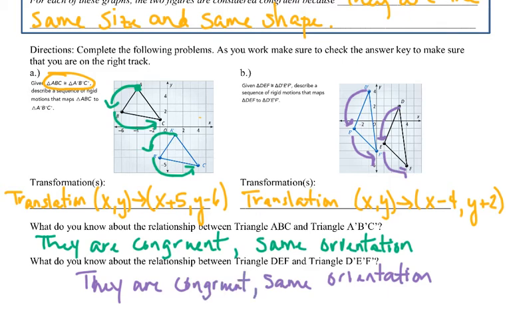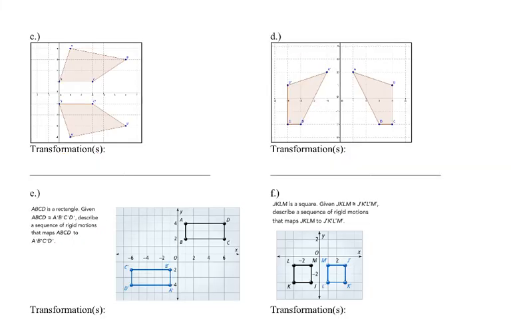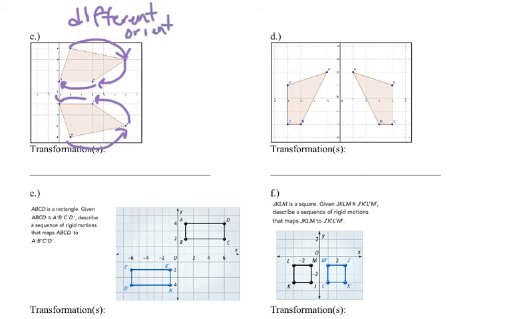All right, let's move on to the back side. If you take a look at the orientation, A, B, C, D is clockwise. A prime, B prime, C prime, D prime is counterclockwise. So that means that they have different orientations, which means we have to have a reflection involved.